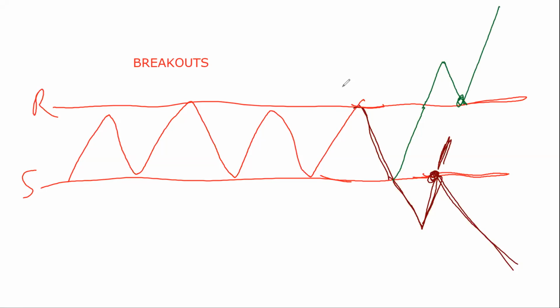Now, when price breaks out, these original support and resistance zones now become inverse. So for example, when it's tested it and it's broken and it comes back, where before it was a support, it now becomes the resistance. Why? Because it becomes the ceiling.